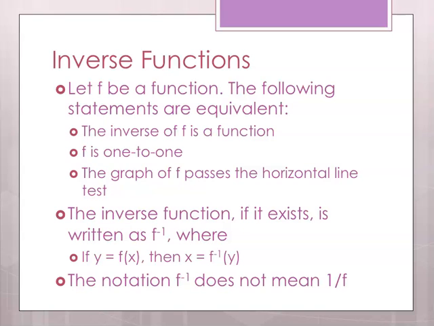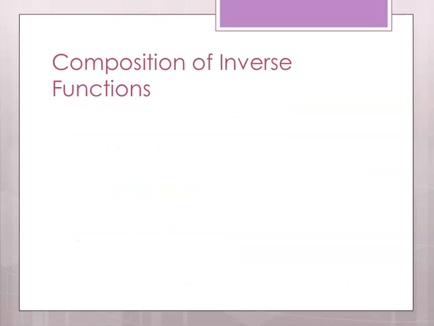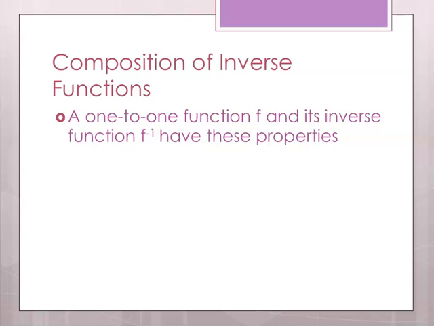Okay, so now we are going to combine what we've learned today about inverse functions with what we learned last time with composition of functions. A one-to-one function f and its inverse function, f with the negative 1, have these properties: if you compose f inverse with f, it will equal x for every x in the domain of f.